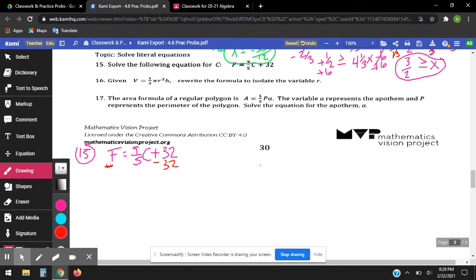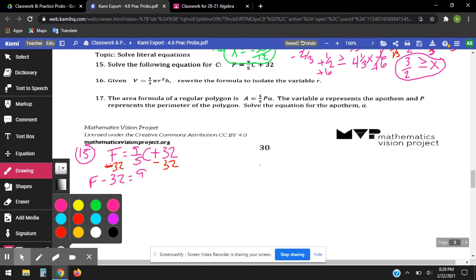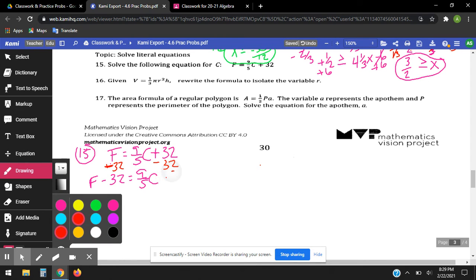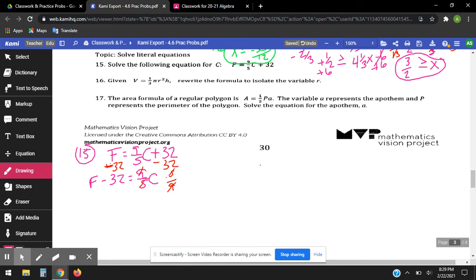So let's minus 32. So F minus 32 equals 9/5 C. Now we need to get rid of our 9/5, so we're going to times by 5/9. Those cancel. What I do to one side, I have to multiply.